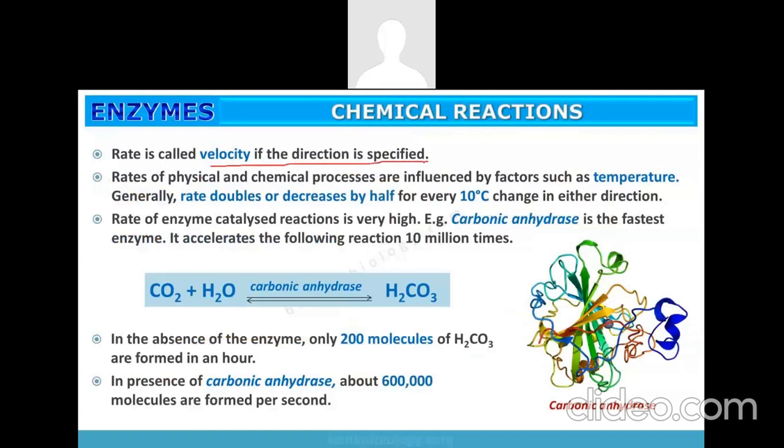The rate is called the velocity if the direction is specified when a reaction is taking place, just like speed and velocity. Speed with direction you call velocity. In the same way, if the rate of a chemical reaction is specified along with the direction, then you call it velocity. The rates of physical and chemical processes are influenced by many factors such as temperature.